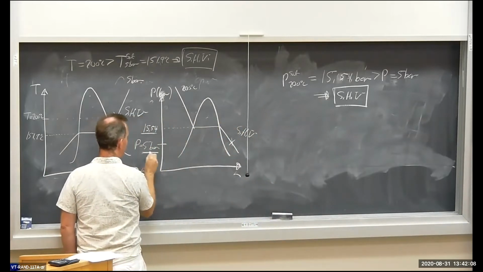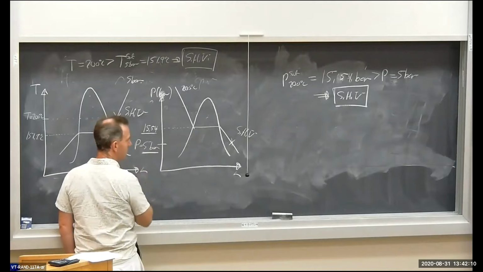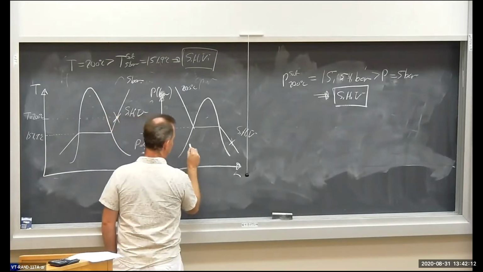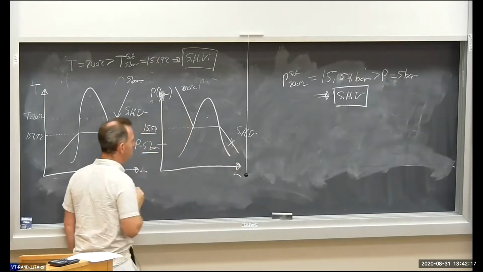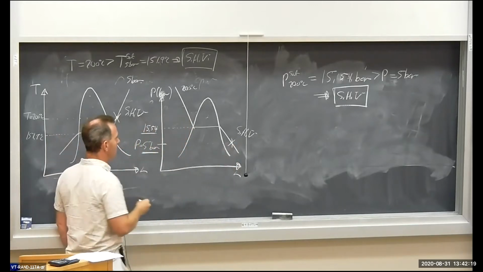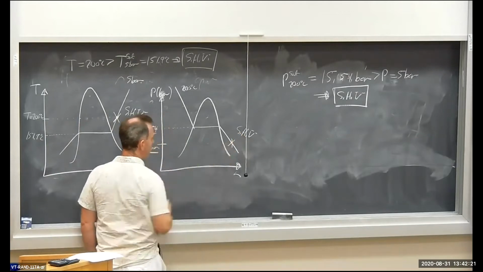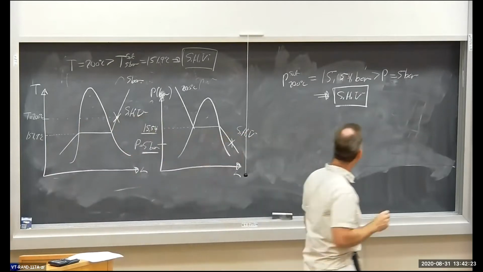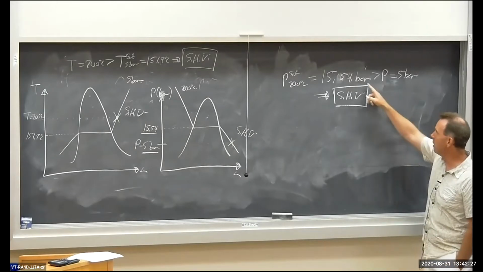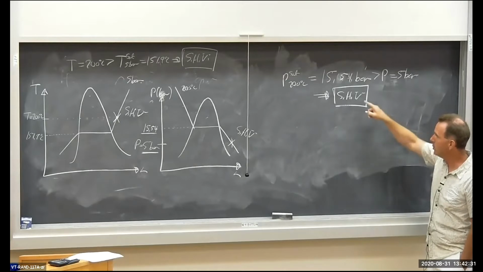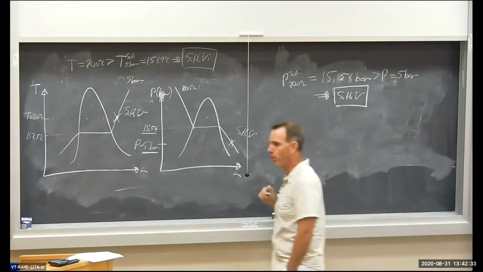We're at 5 bar. The intersection of my 5 bar isobar and my 200 degree isotherm gives me the state, superheated vapor region. Another way of saying that is our pressure, which is 5 bar, is below the boiling pressure at 200 degrees, superheated vapor. Let's do another problem.